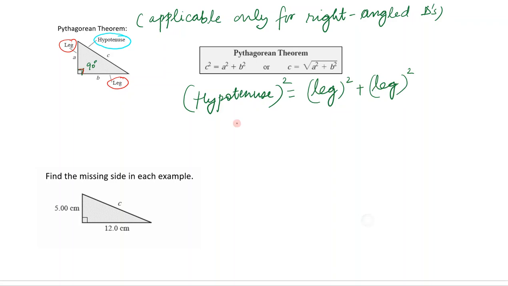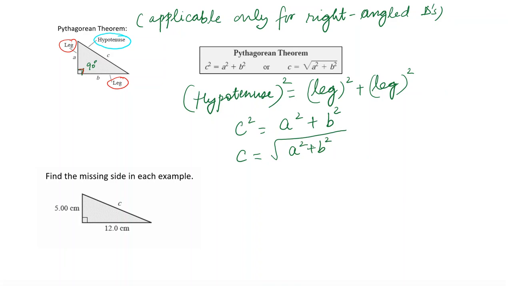In this case, we have C square is equal to A square plus B square. If you know the measure of two sides, you can figure out the third side. For example, if you want to find the value of C, you can simply take the square root on both sides, and then you will get C is equal to the square root of A square plus B square.